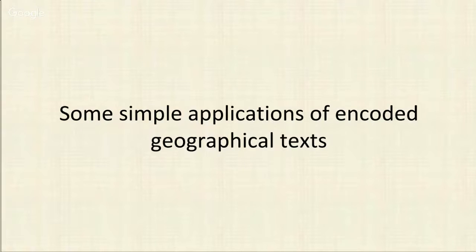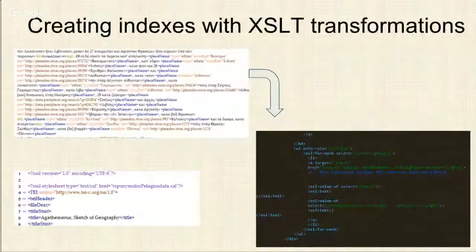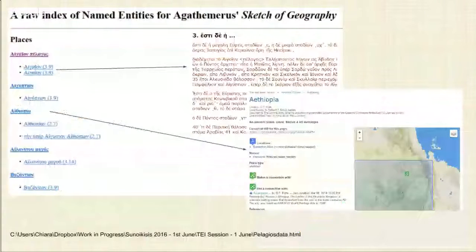Now, one very simple thing that you can do just by means of a careful tagging of place names and types of place names is to apply an XSLT transformation in order to create an index. This is a very raw index of one of the minor Greek geographers.